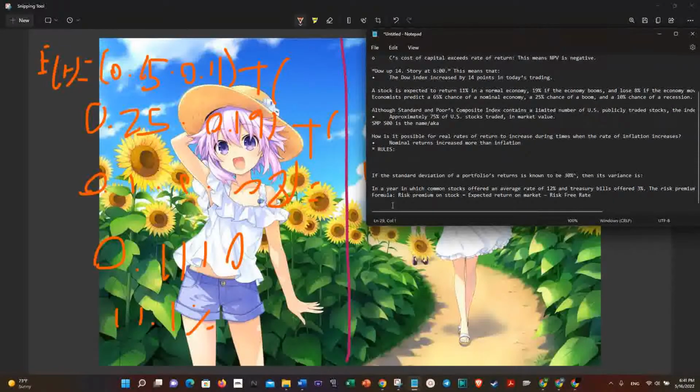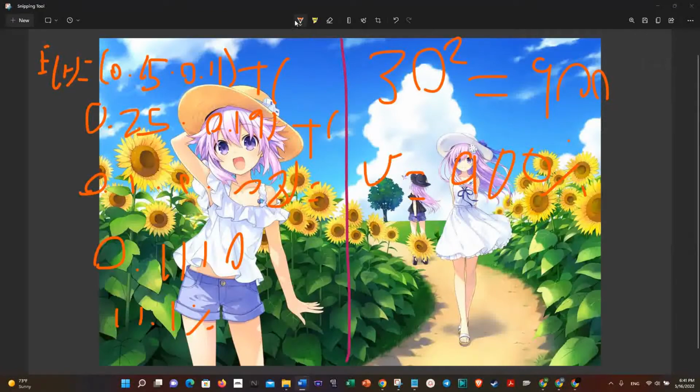In a year in which common stocks offered an average rate of 12% and the treasury bills offered 3%, the risk premium for common stock was... The formula we use here is that the risk premium on stock is equal to the expected return on the market minus the risk-free rate. Let's go back to first grade here and do 12 minus 3 equals 9. And since these are all given in percentages, that's your risk premium for a common stock, 9%.